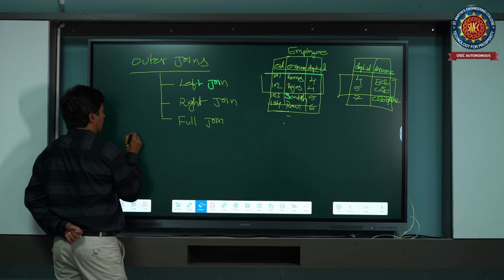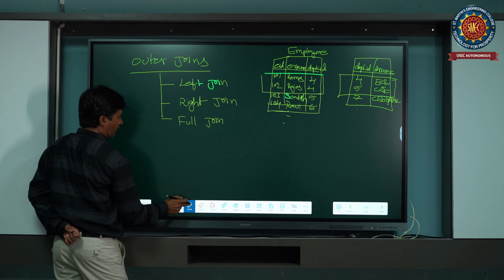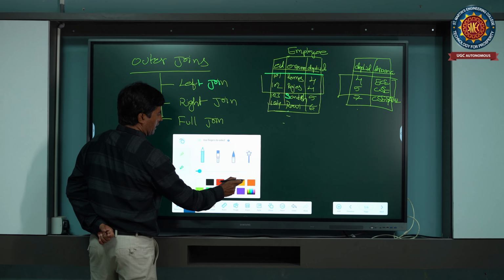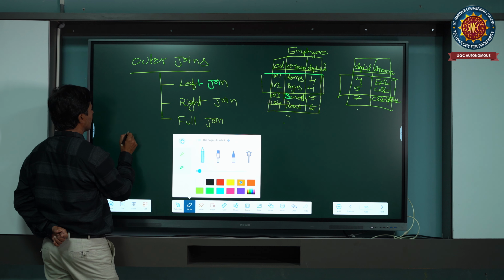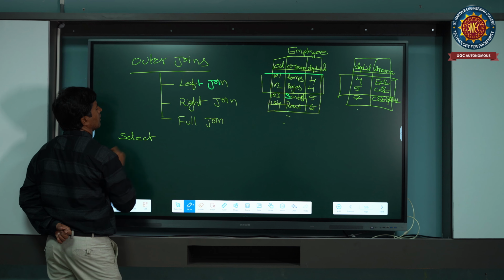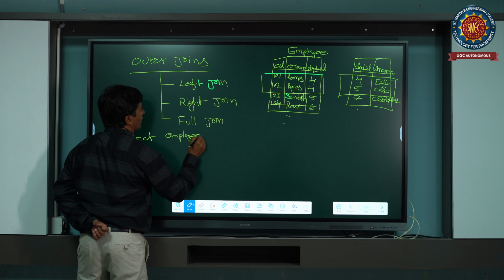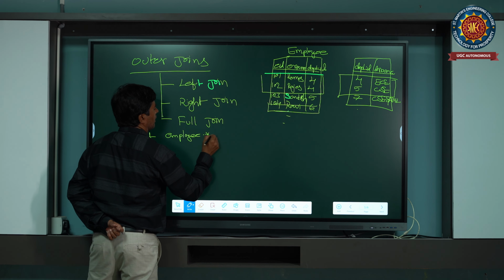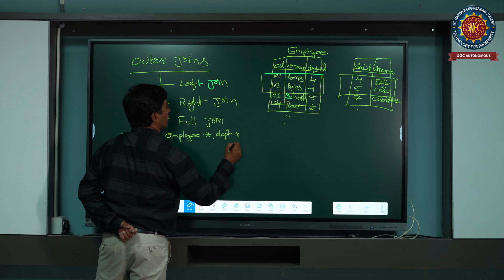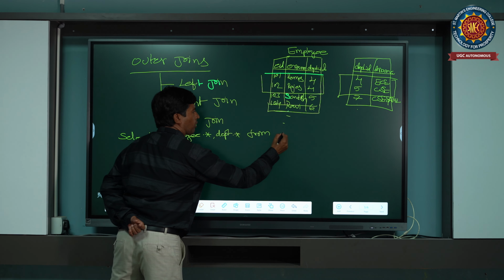Full outer join on employee ID. Select employee.star, department.star from employee.